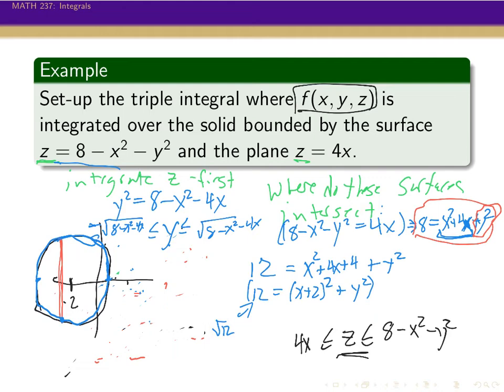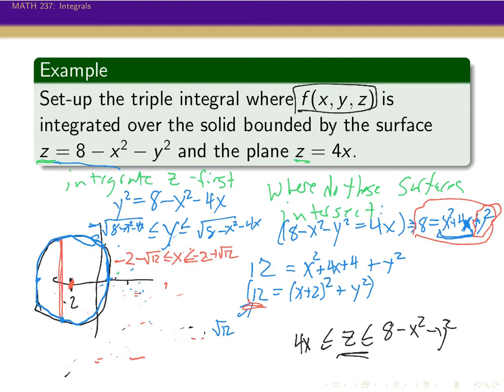And then last but not least, my x bounds, well, so it's centered at minus 2. The radius is square root of 12, and so it would be minus 2 minus square root of 12 for x to minus 2 plus square root of 12. Okay, so there's our bounds.